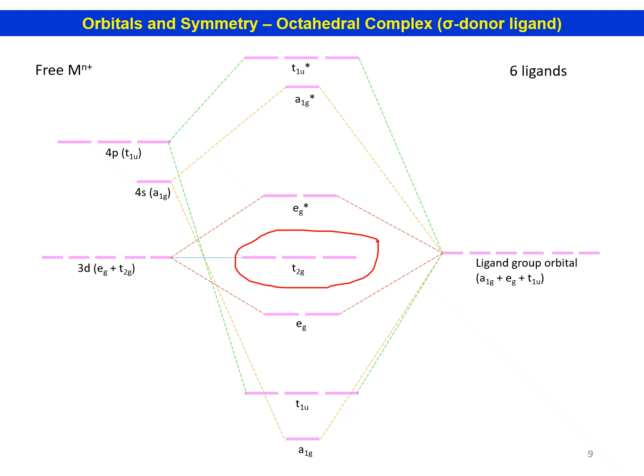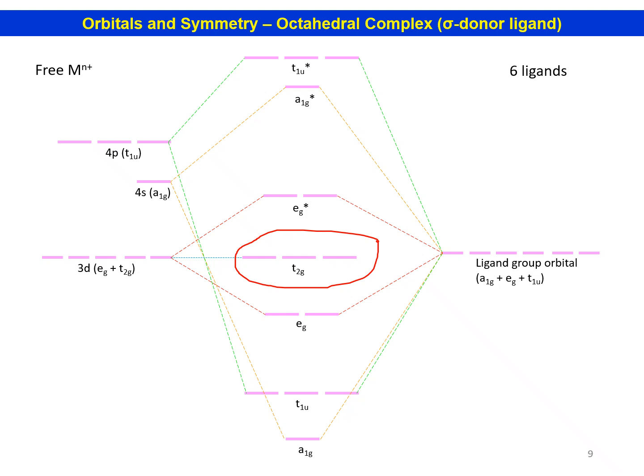If you remember, the crystal field theory discusses that the crystal field splitting energy is between T2G and EG in an octahedral system. The T2G is placed at the bottom and EG at the top.